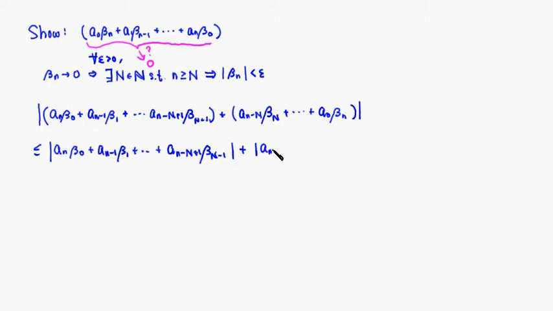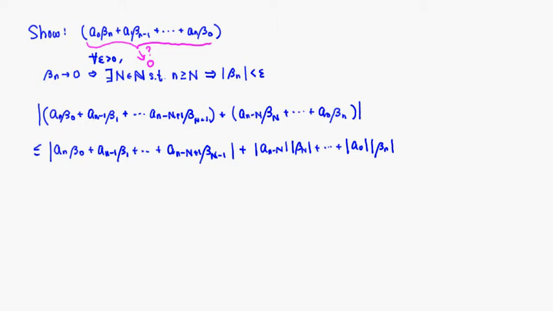So a_{n-N} absolute value of beta N, plus all the way to absolute value of a0 beta n.